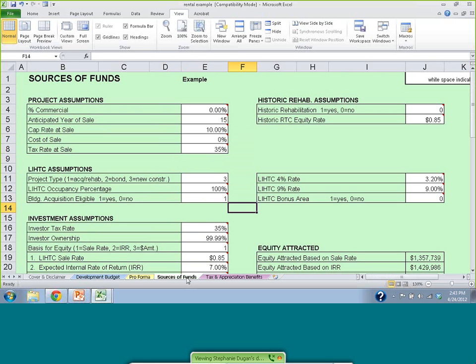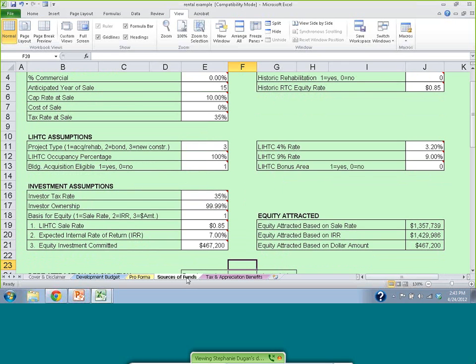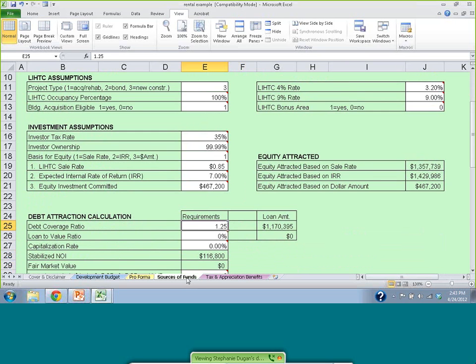And let's look at our debt coverage ratio. We're going to use a 1.25 debt coverage ratio, and our loan is going to be based solely on debt coverage ratio.